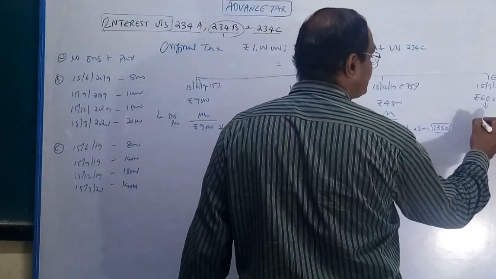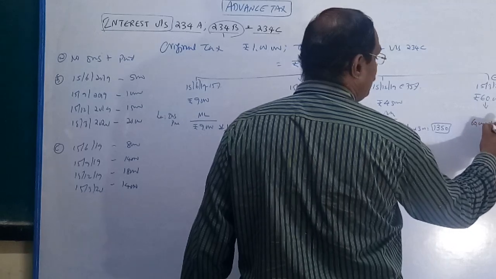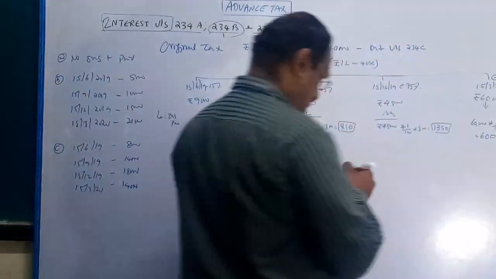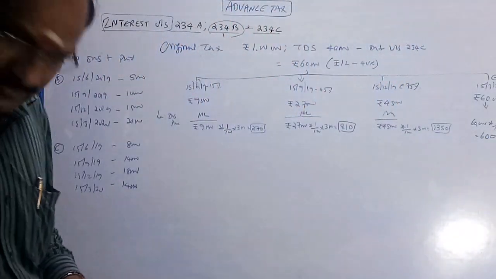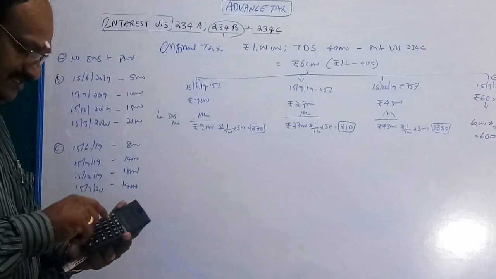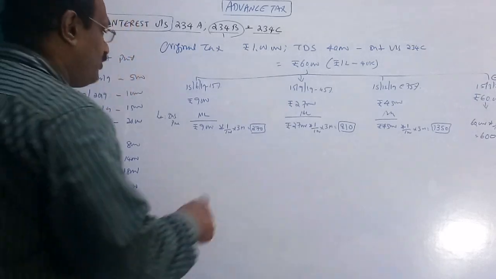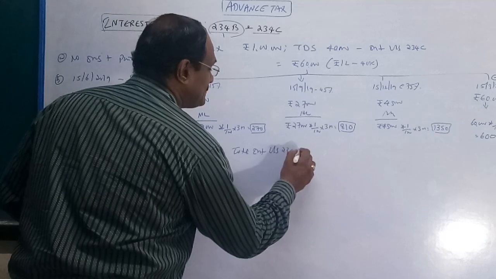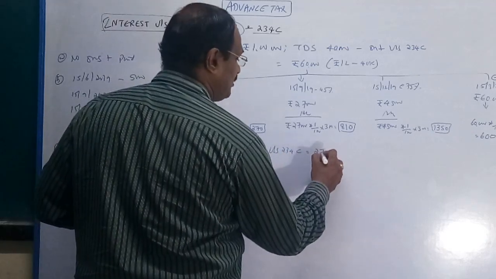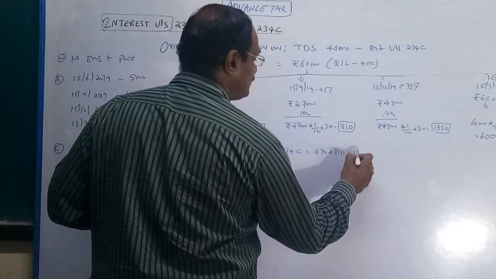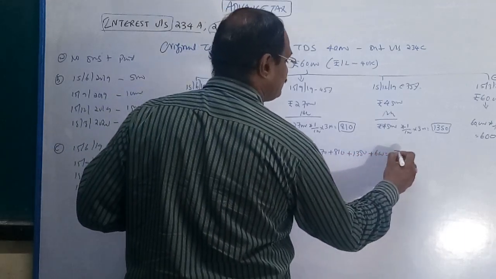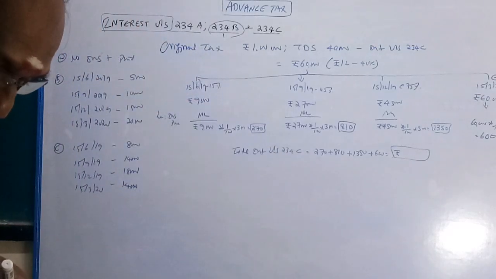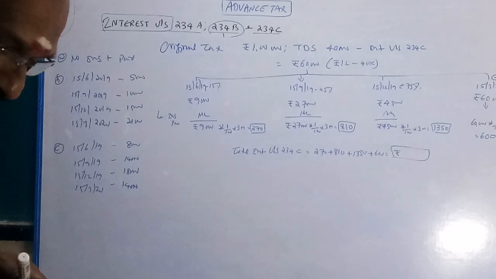And finally 60,000 into 1%. That's all. 600. So total interest under section 234C is nothing but 270 plus 810 plus 1,350 plus 600. How much? 270 plus 810 plus 1,350 plus 600.